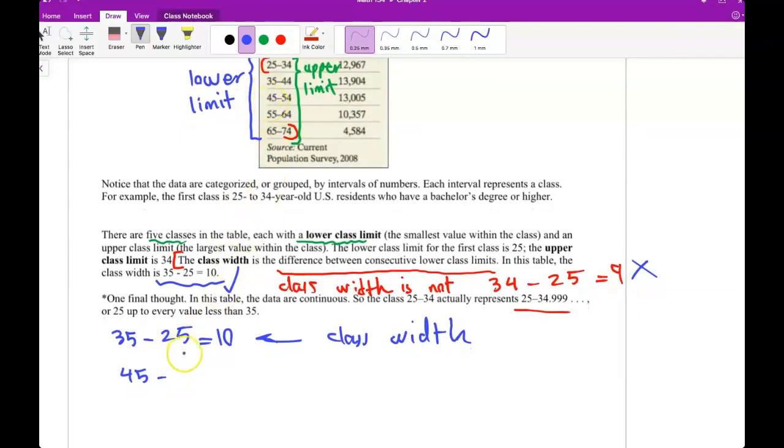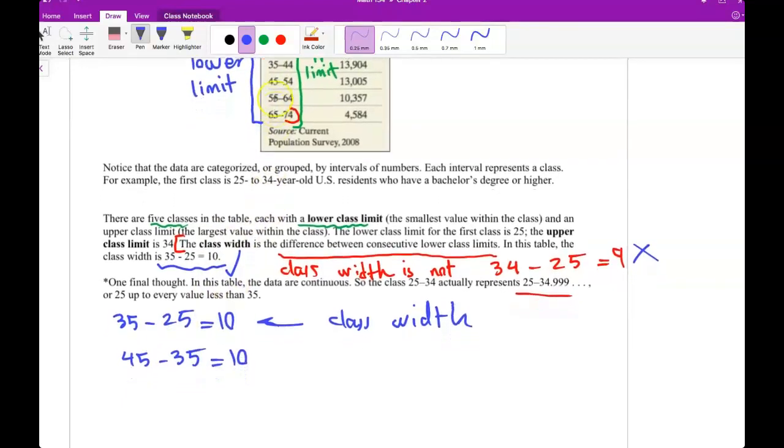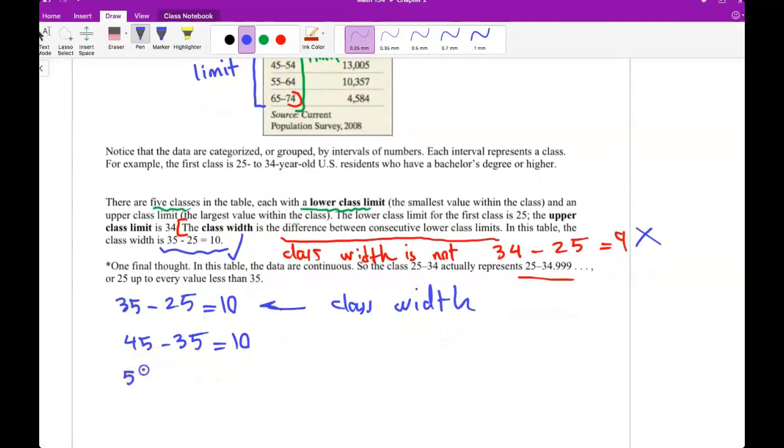Now I have 45 minus 35, again 10, and 55 minus 45. For all of these, we should have the same answer. And the last one, 65 minus 55, here again is 10.